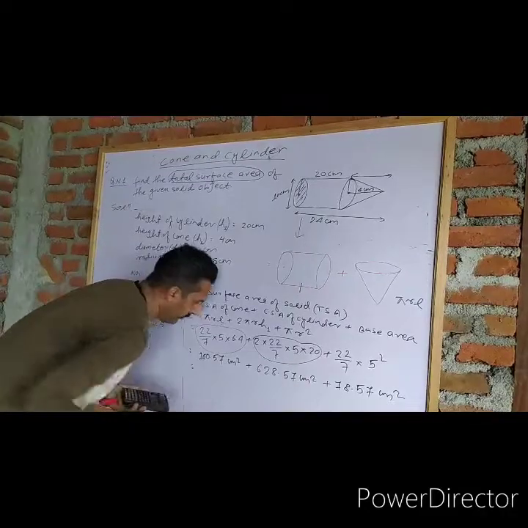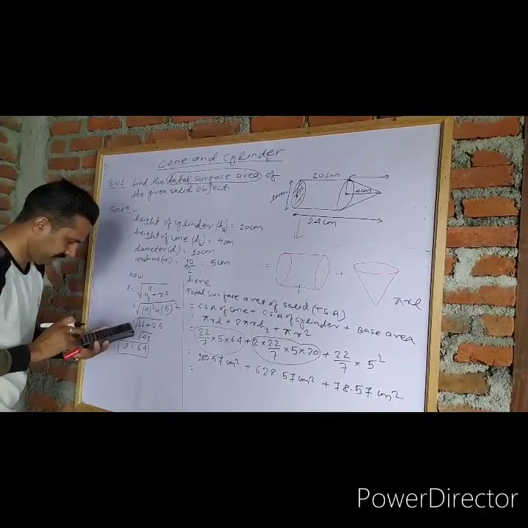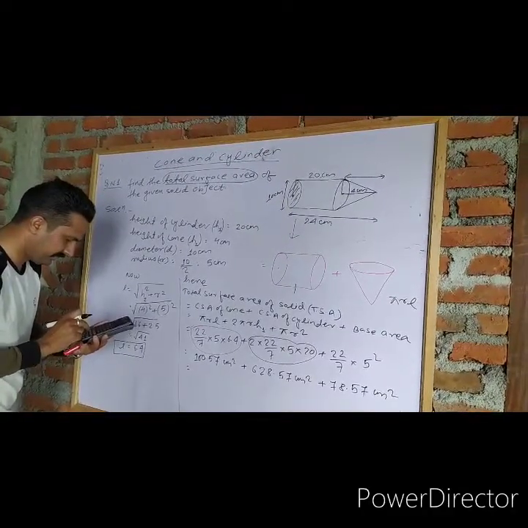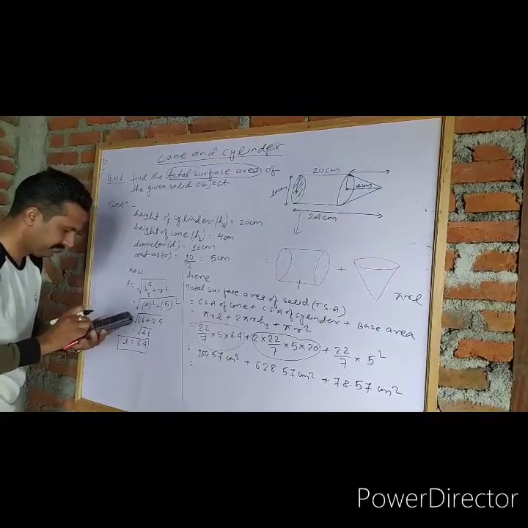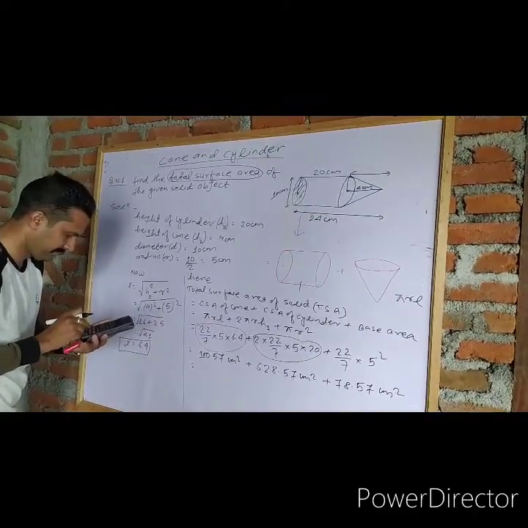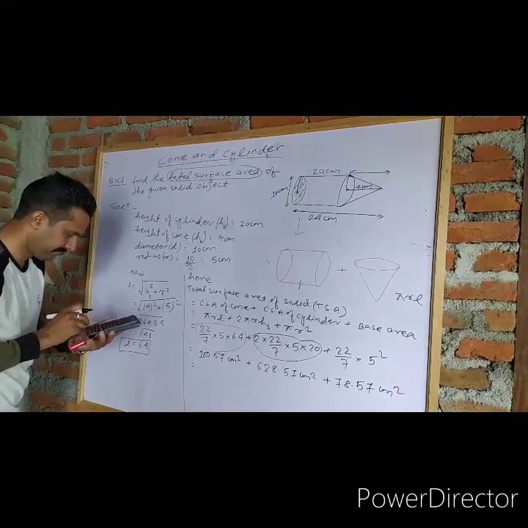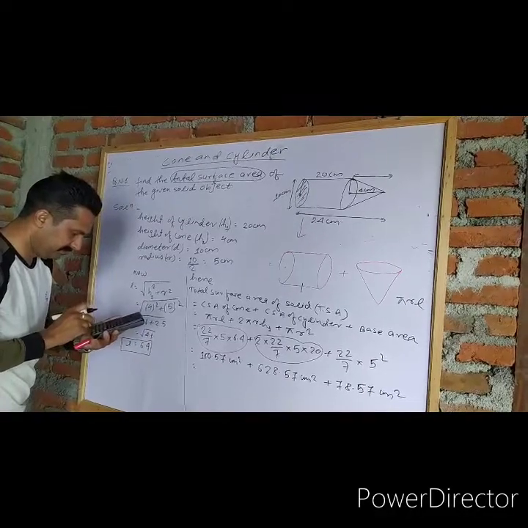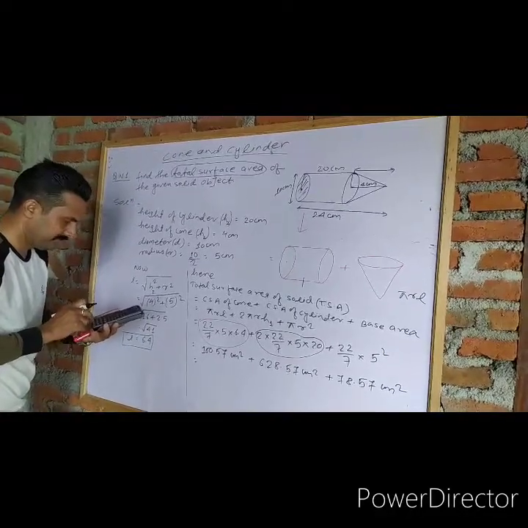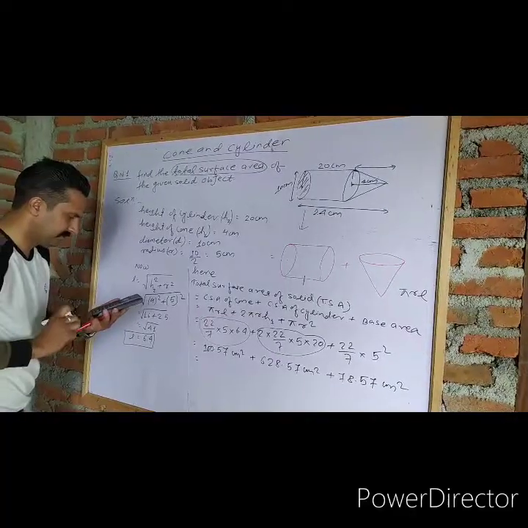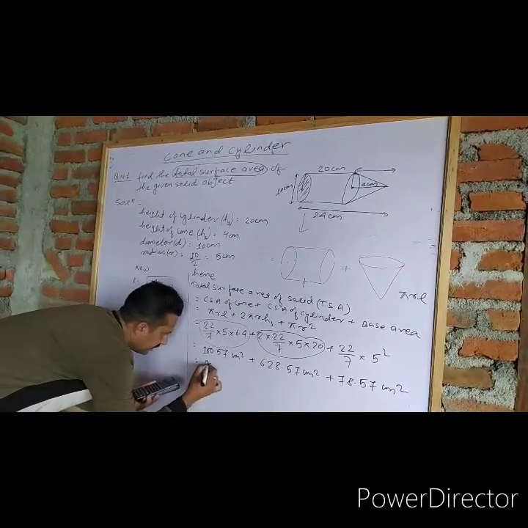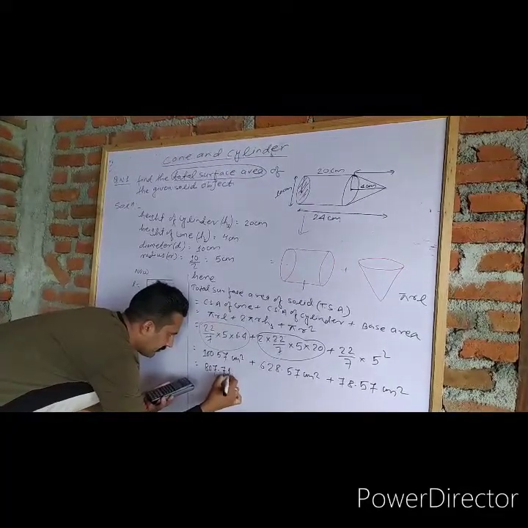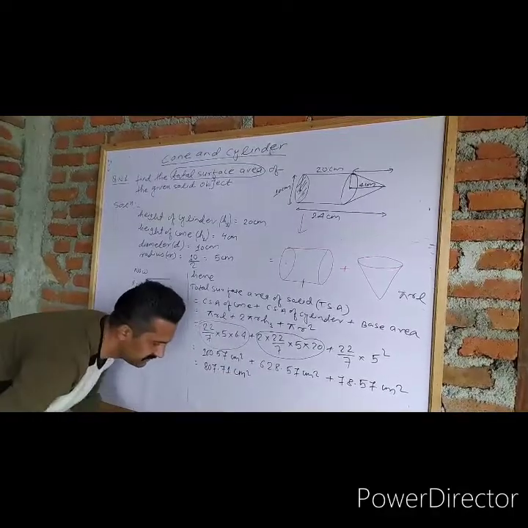Now add all these values: 100.57 plus 628.57 plus 78.57 equal to 807.71 centimeter square.